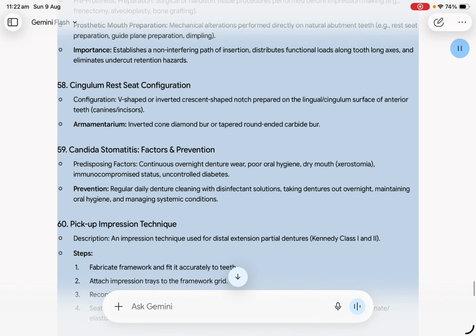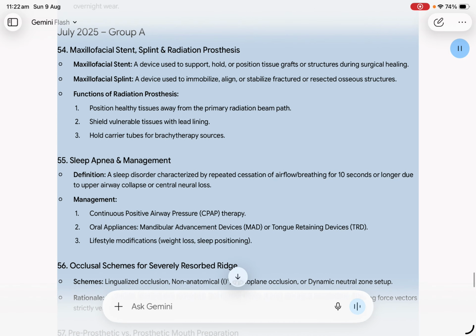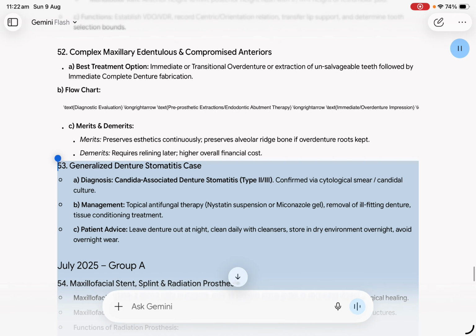Treatment plans and theoretical short answer questions have been fully solved and structured. Here is a quick overview of what has been covered.